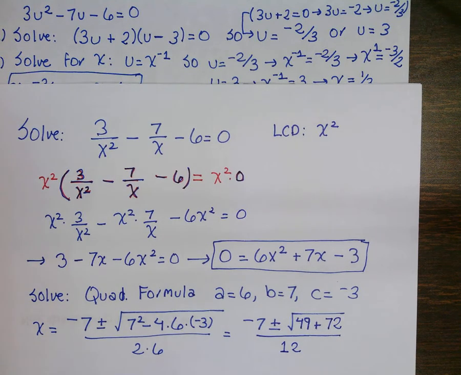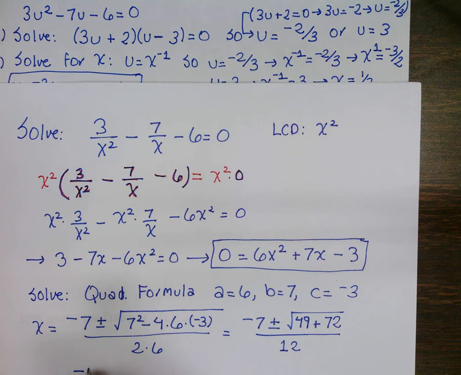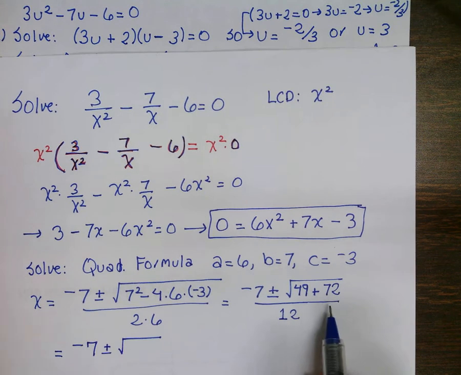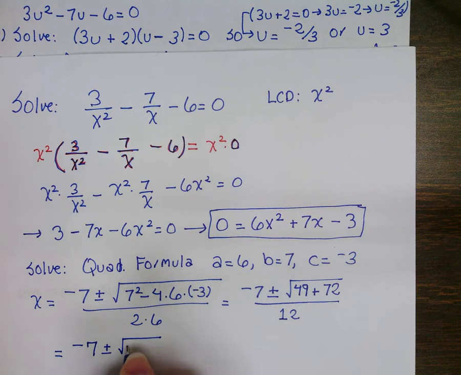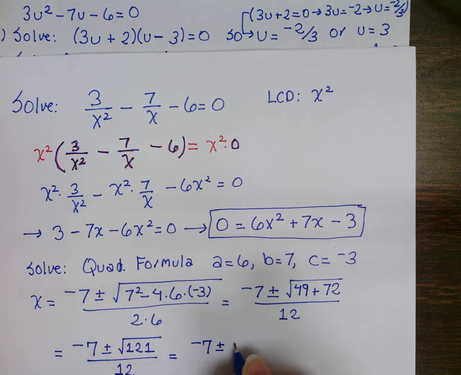Okay, do that. 4 times 18, yes, it's 72. And if I add that together, I get what? 121. And if you remember, the square root of 121 is 11.